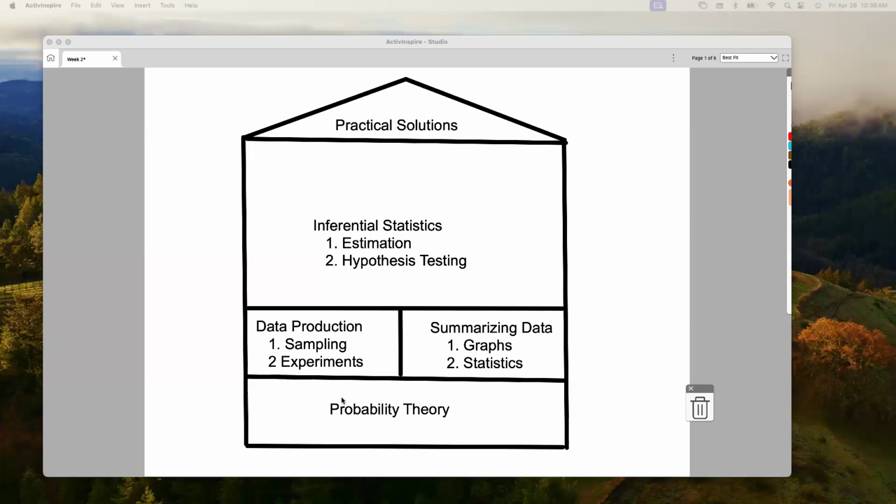But where this fits in actually is the foundation of practical solutions, which I guess is the roof of our house. And what leads us to that is inferential statistics, which we're going to really delve into in week four.